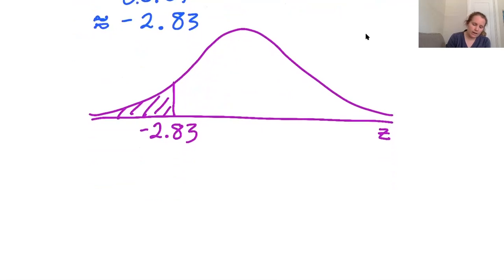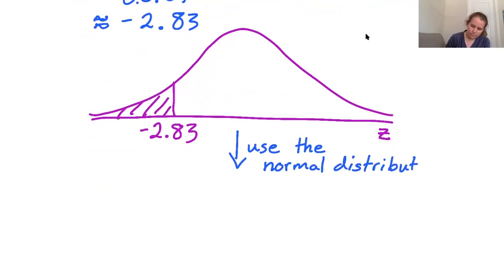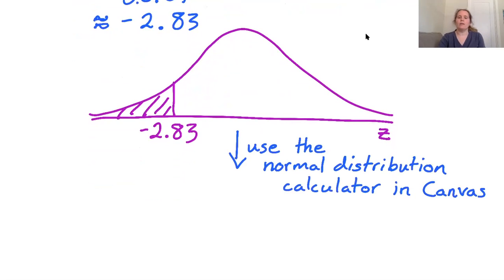So now we use the applet. This is the normal distribution calculator in Canvas. I'm going to go ahead and switch over to the Canvas normal distribution calculator, and we will find this probability.